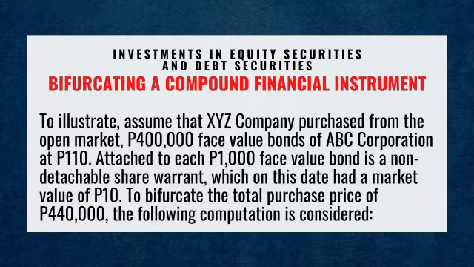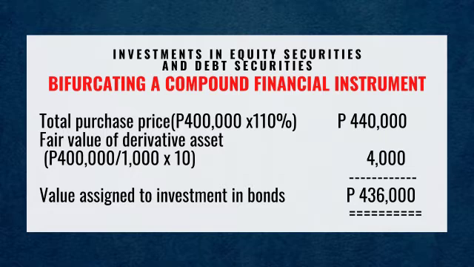To bifurcate the total purchase price of 440,000 pesos, the following computation is considered. Total purchase price: 400,000 pesos times 110% is 440,000 pesos. Fair value of derivative asset: 400,000 pesos divided by 1,000 times 10 is 4,000 pesos. The value assigned to investment in bonds is 436,000 pesos.